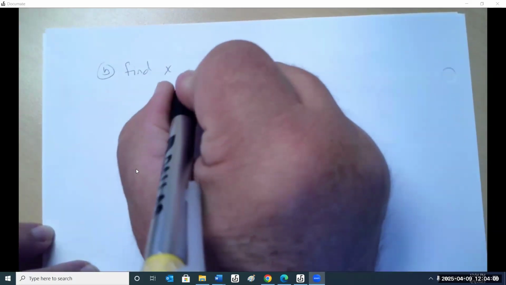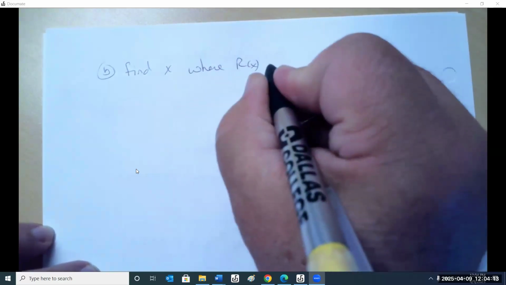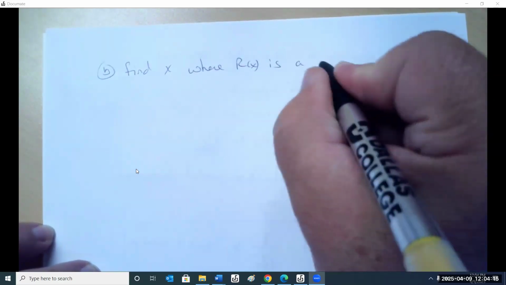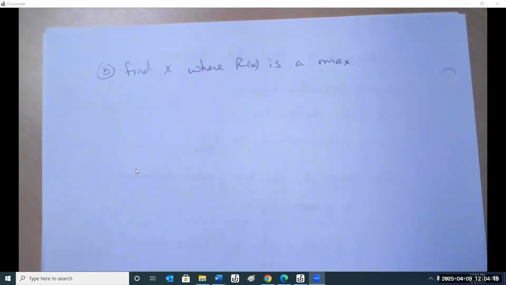Now for B: find x, the angle where the distance is maximum, where R of x is a maximum. This would be a parabola opening downwards. It's a negative parabola, opening downwards.